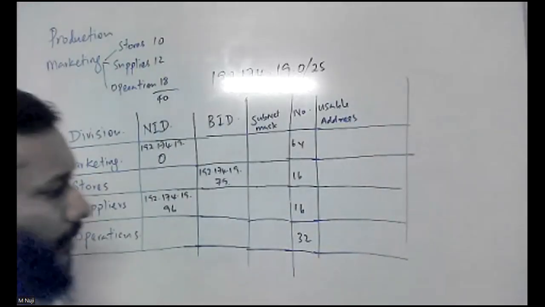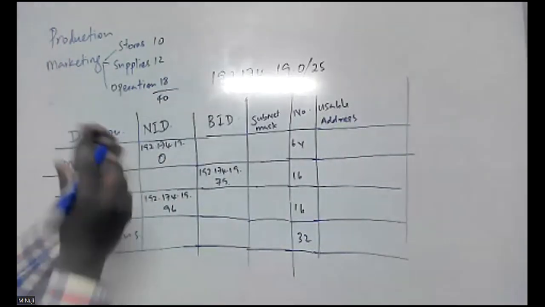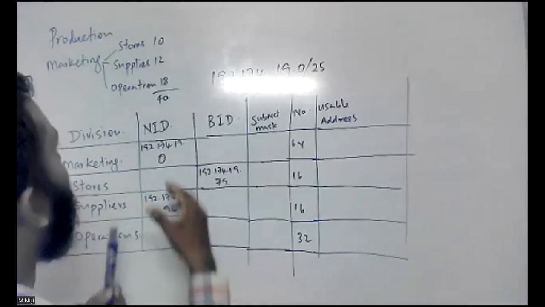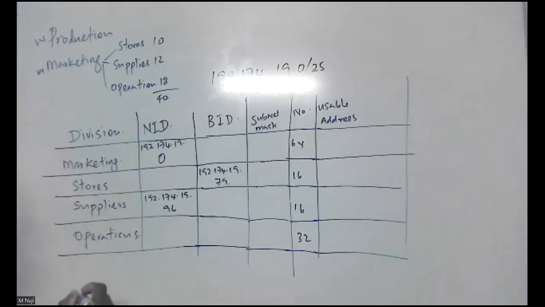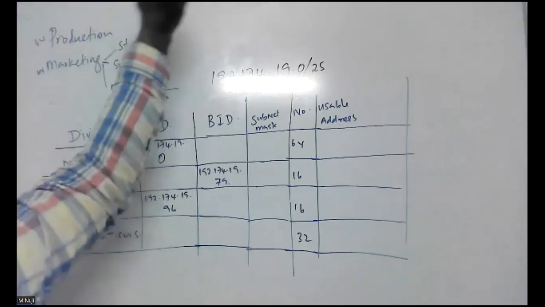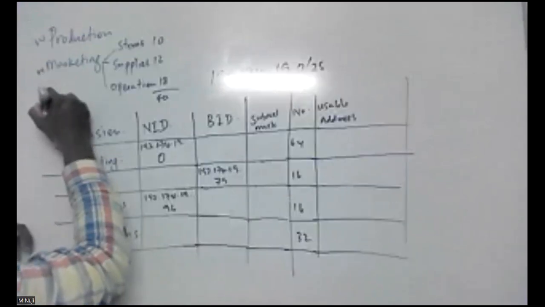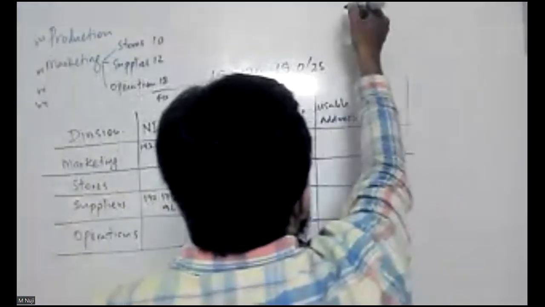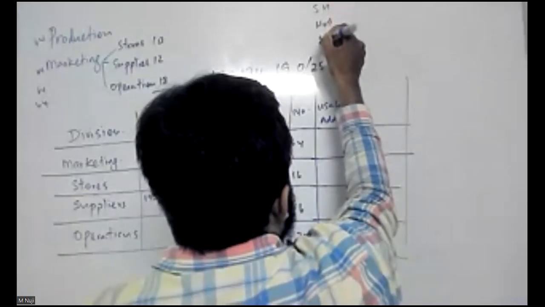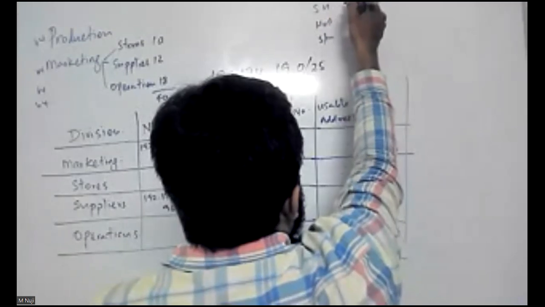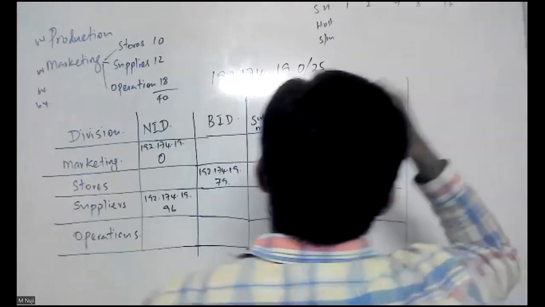Let's see our table. When you divide these portions, you can understand simply. Here they have allocated 64, so the balance will also be 64. I'll explain this, give me a minute. Here you know the subnetting, hosts and subnet masks. Subnetting means 1, 2, 4, 8, 16.